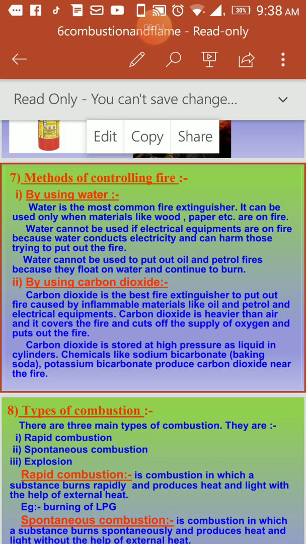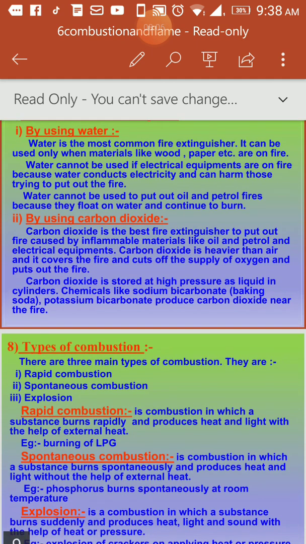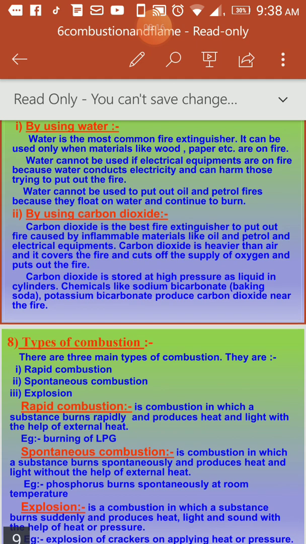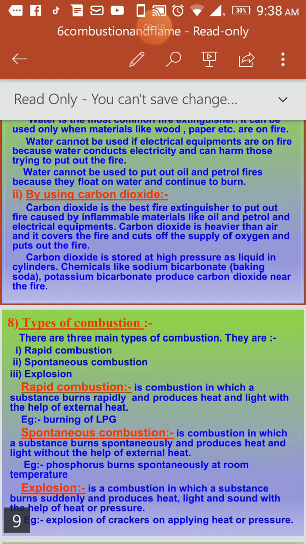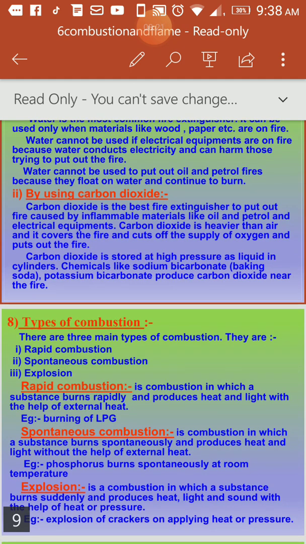What are the different types of combustion? There are three main types: rapid combustion, spontaneous combustion, and explosion.